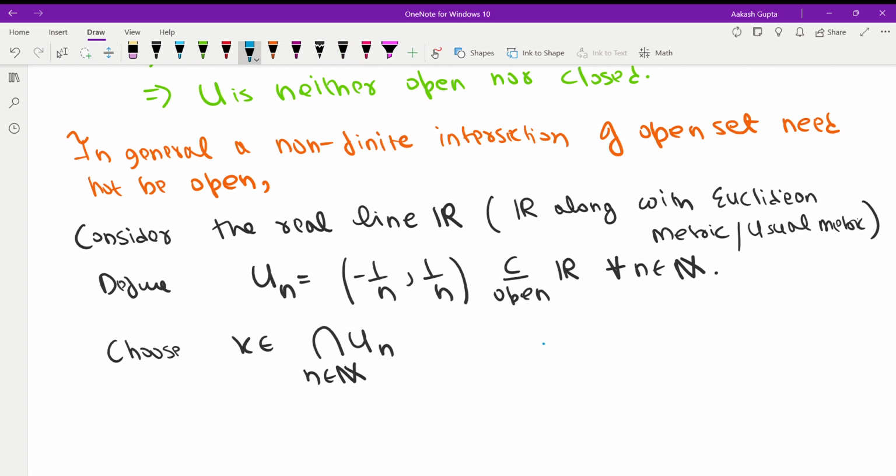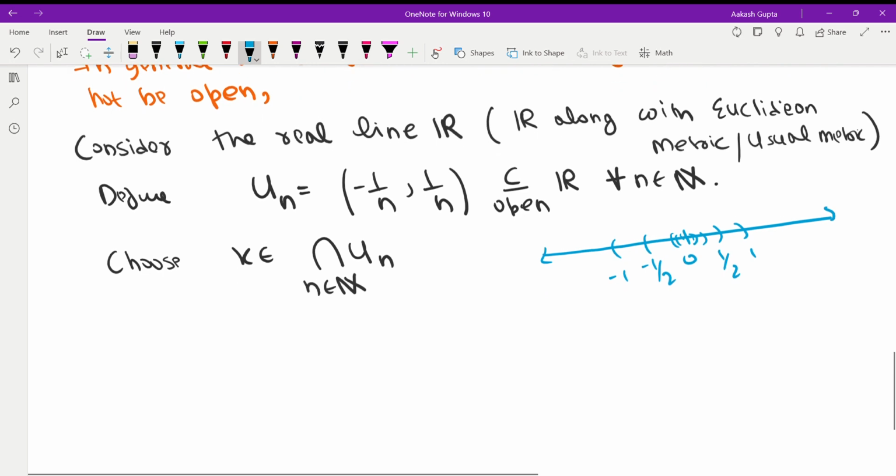You may plot this and get the idea of what is going to happen. So minus 1, 1, minus half, half, like this. You see these intervals are nested and they are shrinking towards the point.